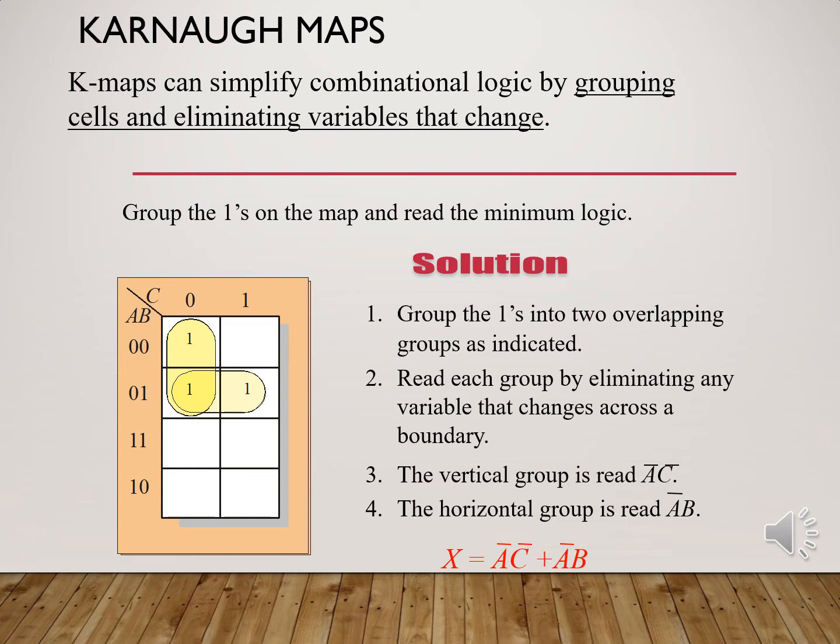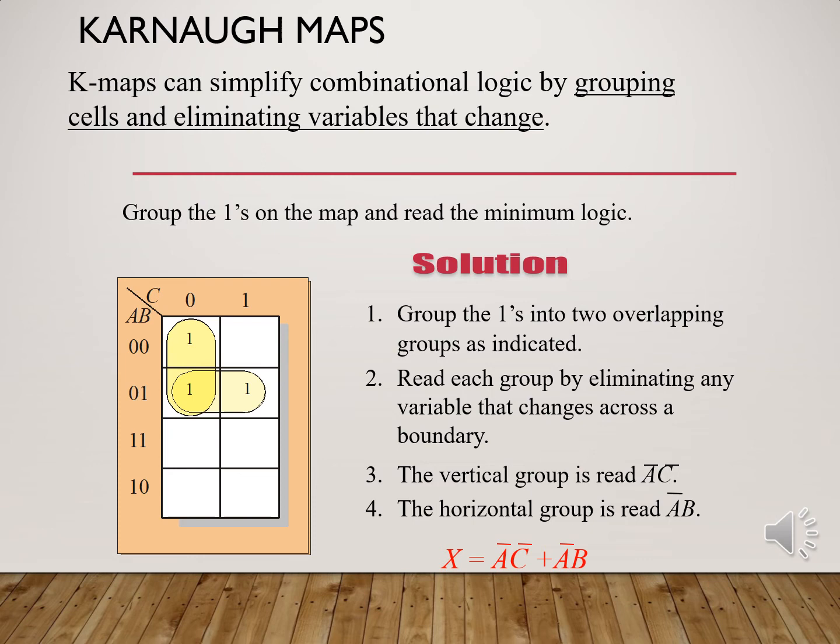Across that boundary C is changing and nothing else is changing. A bar B is constant as such. So eliminating the C that changes, we get it as A bar B.